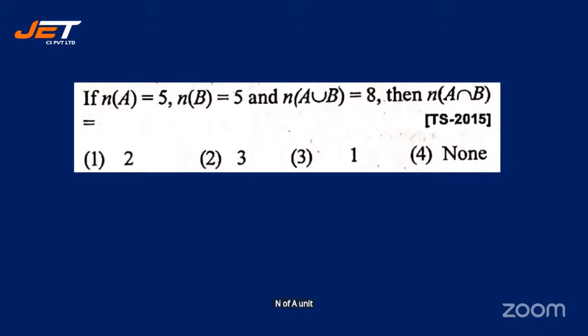Next, if n(A) is 5, n(B) is 5, n(A union B) is 8, then n(A intersection B) is dash. So what is n(A intersection B)? You can use a formula for this.